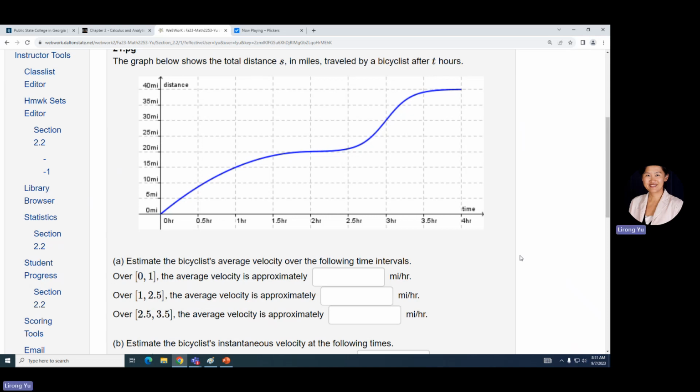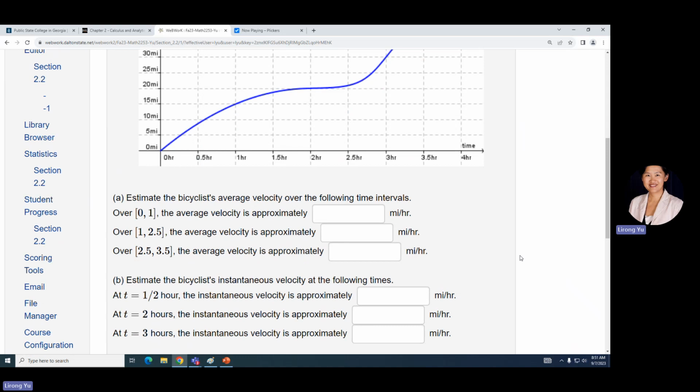Now this is the first example. The question is to try to find, at first, the average velocity. That's really the slope of the graph, slope of the function. And then the second question is to estimate the instantaneous velocity. That is, try to estimate the tangent line, the slope of the tangent line, the derivative value.